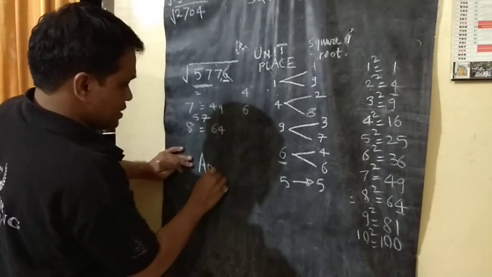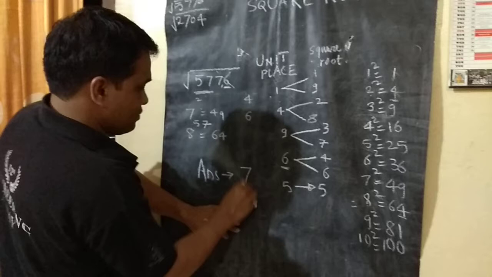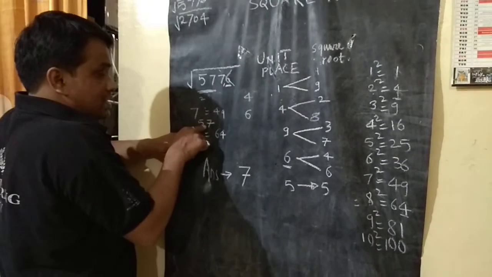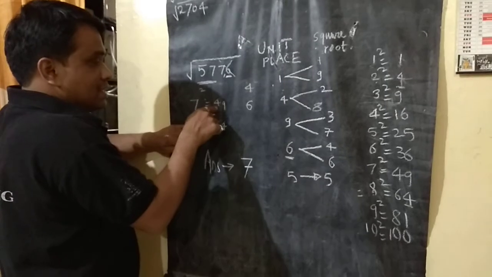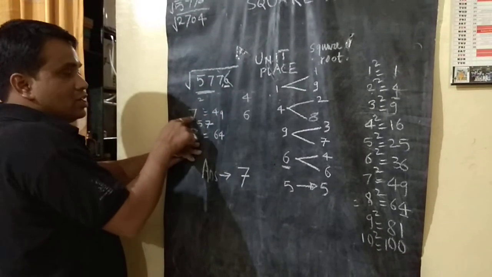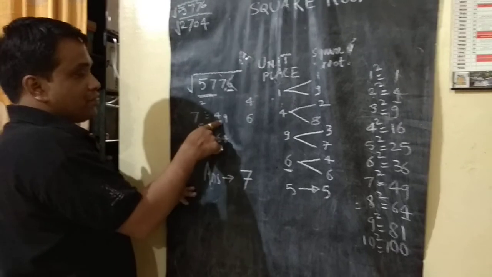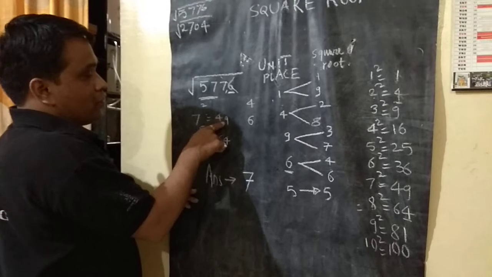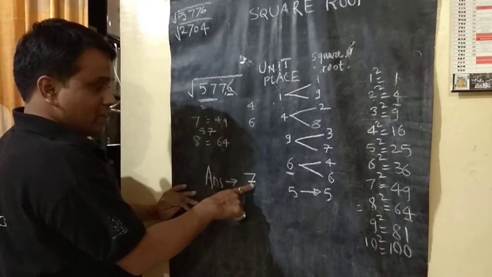I'm going to write the answer now. The first digit of the answer will be 7. Why have I considered this? Because 57 is greater than 49, or 49 is smaller than 57. In other words, the square root of 49 is 7. So I have written 7 over here.